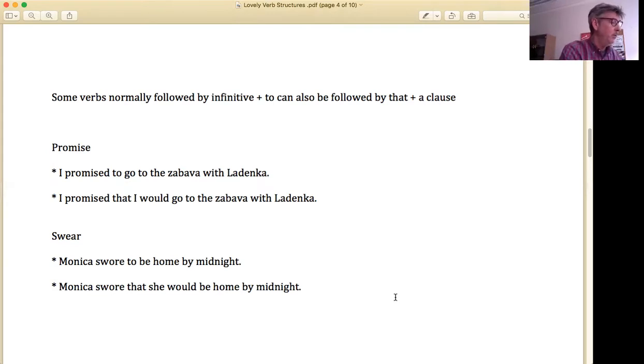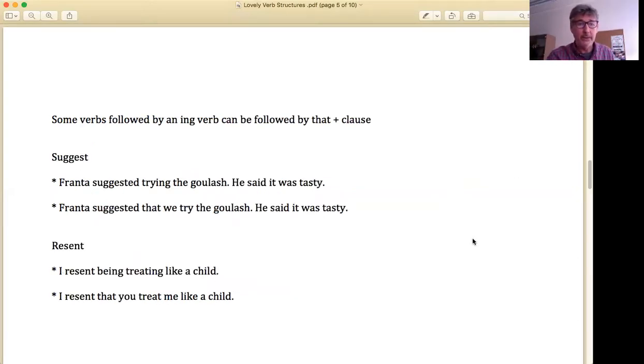And this is what we have here on this list. If you see, these are normal verbs that use the infinitive, and then he puts a little asterisk by them if they can also use this clause structure. So please take a look at that, and look at his examples. And we can do the same thing with verbs that normally use a gerund or an ing.